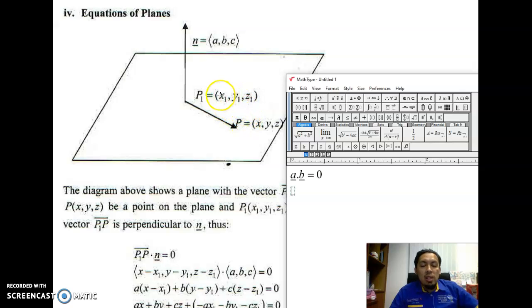Actually, we need another point so that we can subtract it and get the vector. Remember, a vector is the difference between two locations. However, we don't really have the second piece of information here. We just have one point.